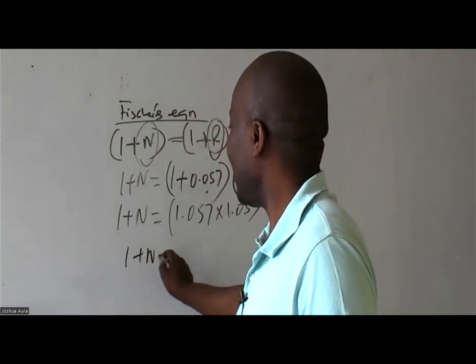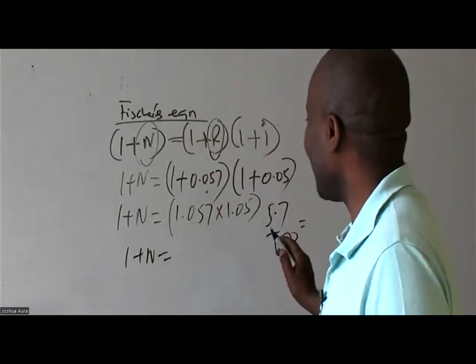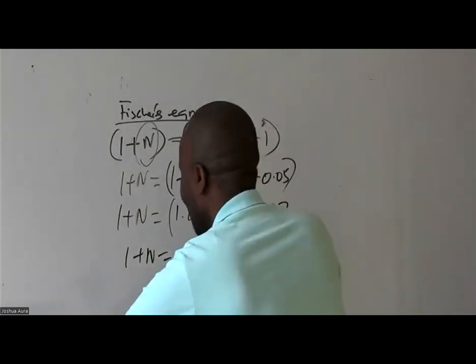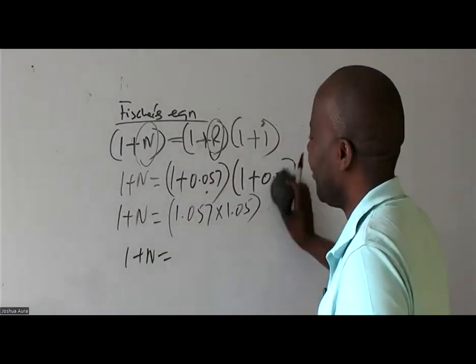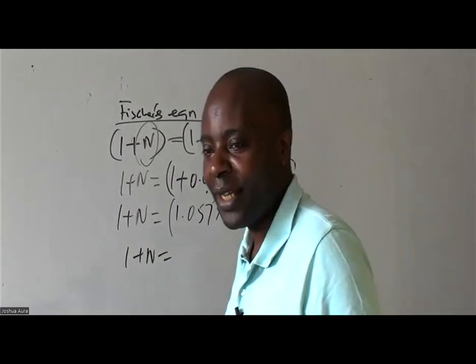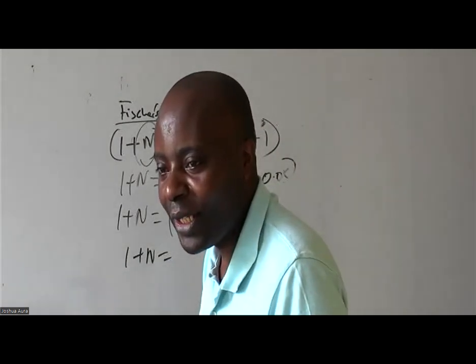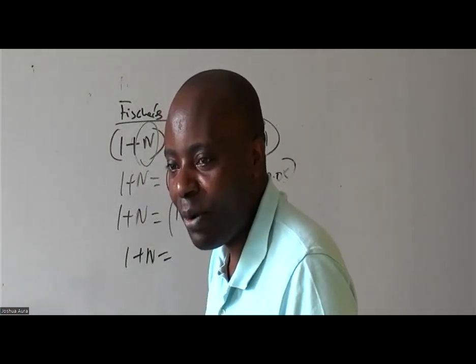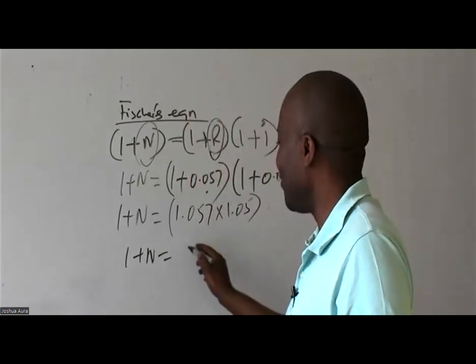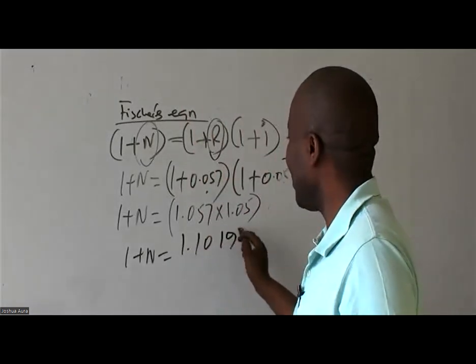So 1 plus n will be, if we multiply these two, what do we have here? 1 plus n, according to Kenneth Cheruiyot, we have 1.10985.